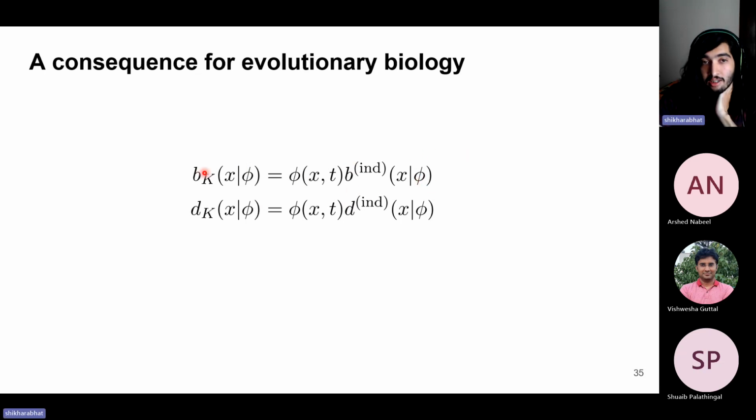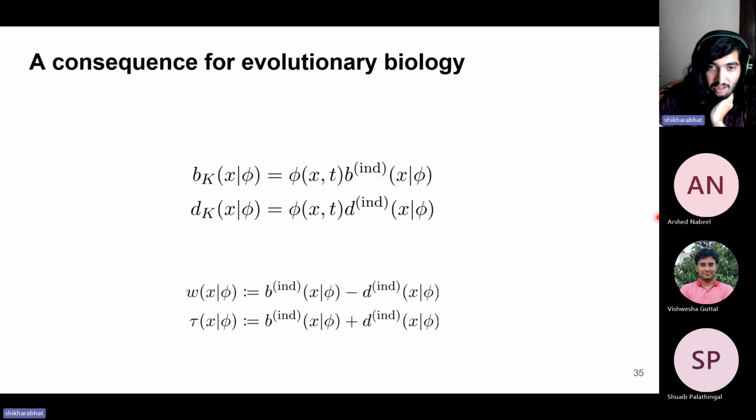That is, the total density birth rate is the current density at that point times some function, which I've denoted B_int because it's supposed to represent the individual or per capita birth rate at the point x, and similarly for the death rate. Given these, I can define suitable notions of per capita growth rate or Malthusian fitness W, which is the difference between these per capita birth and death rates, and tau, which is called per capita turnover, which is the sum of the birth and death rates.